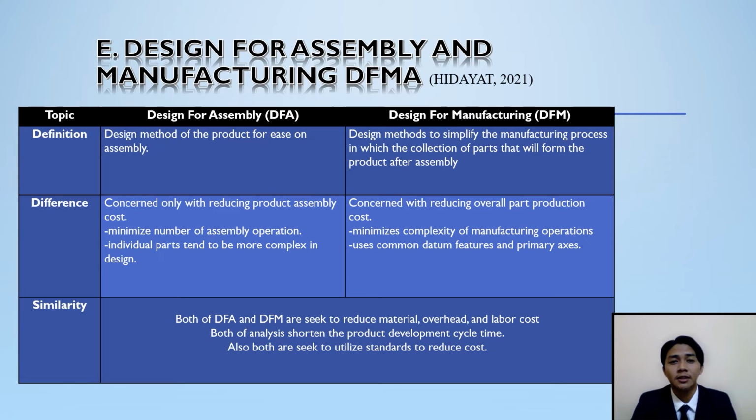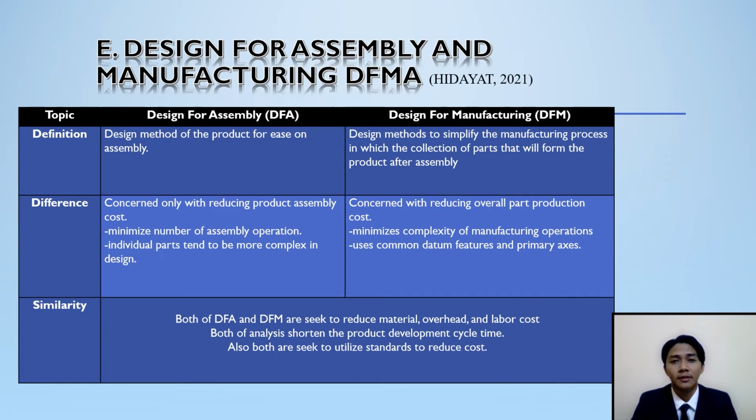There are some differences between both analyses. DFA is concerned only with reducing product assembly costs, where we minimize the number of assembly production, and then individual parts tend to be more complex in design.